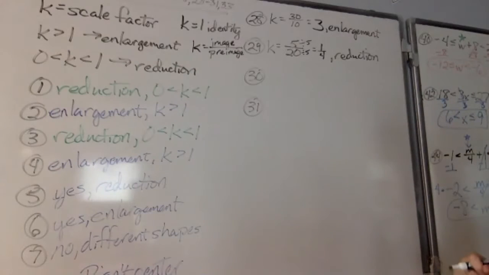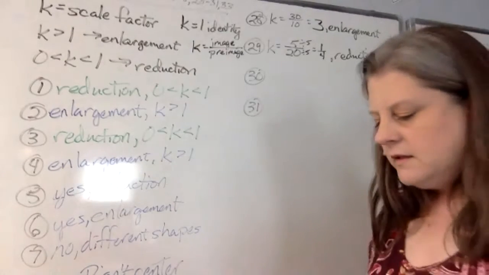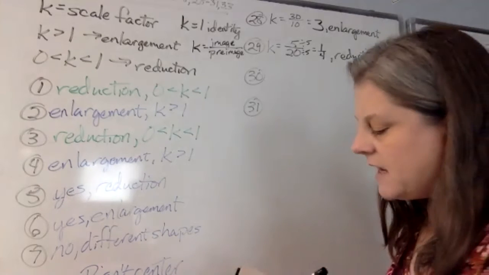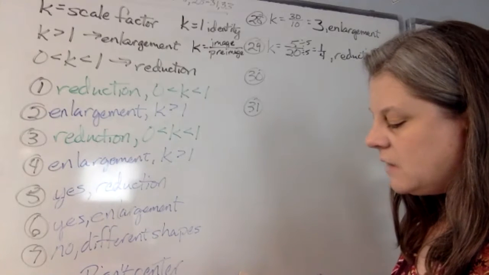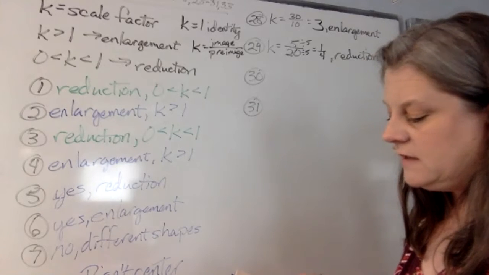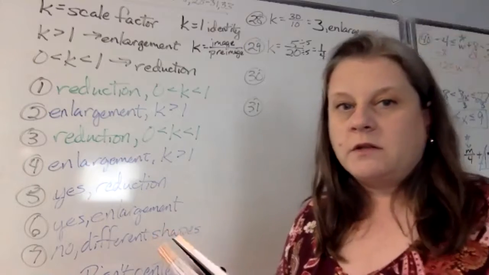Okay? Number 30. It says M prime N prime equals 8 units and MN equals 8 units. The prime one, remember, is your new image, so it goes on top.